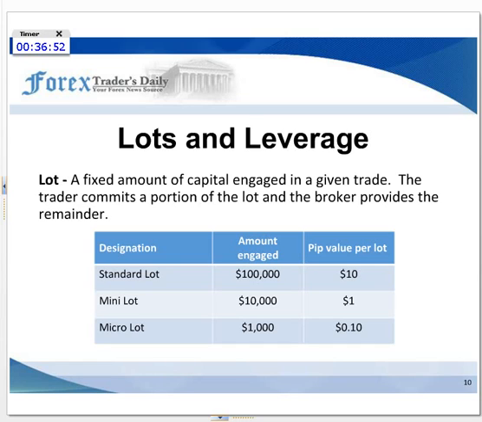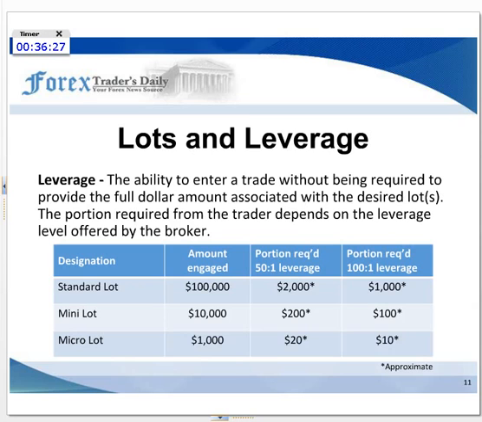Now, if you're new to Forex trading, these amounts of capital engaged, or those lots, might seem very large, but the amount of money that the trader, you as a trader, would need to provide for that lot traded is only a fraction of this, and that's because of those leverage capabilities of the Forex. And it will depend on the different type of account that you have set up. Which brings me, of course, to that leverage setup that we talked about and the good leverage opportunities in the Forex.